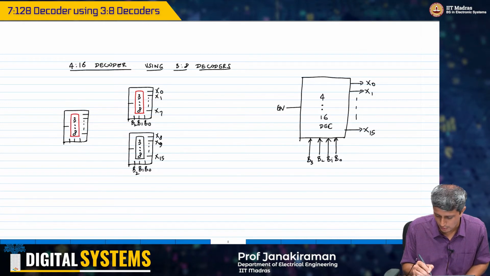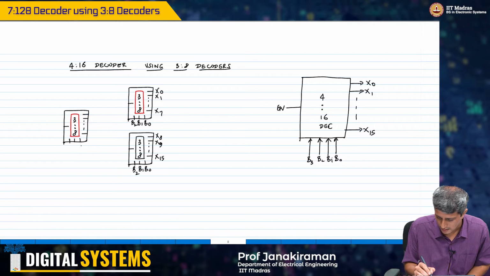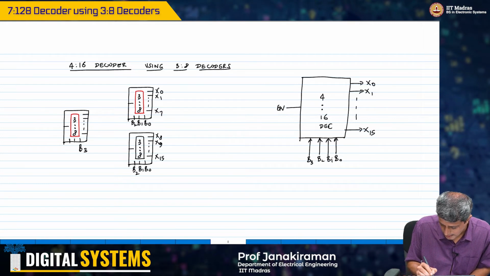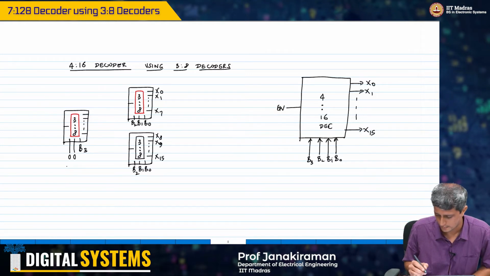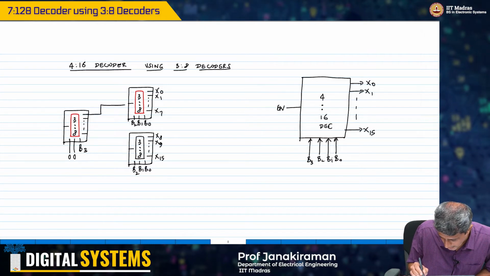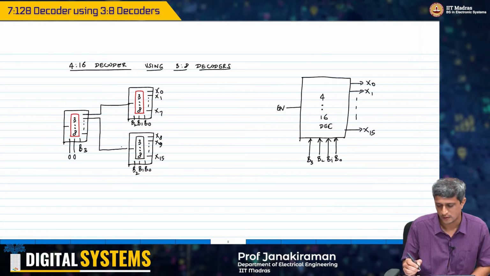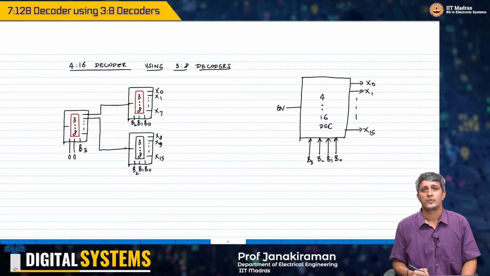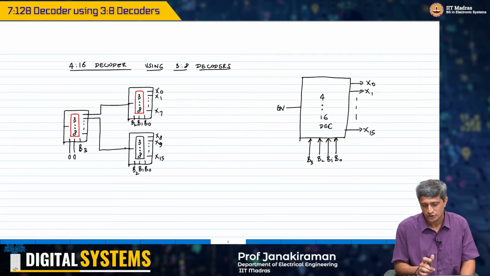So that's nothing but we are going to connect B3 here, and these bits will be connected to the input 0, they will be grounded, okay, and you take only Y0 and Y1 here.